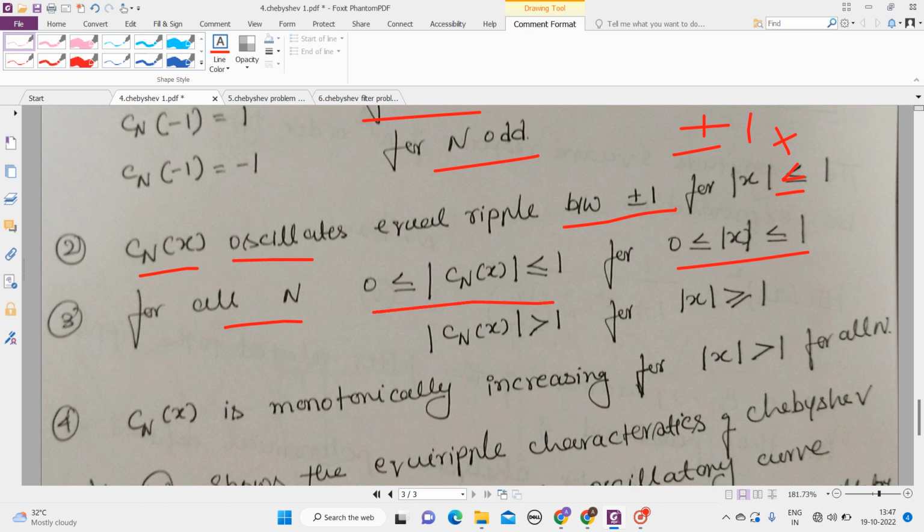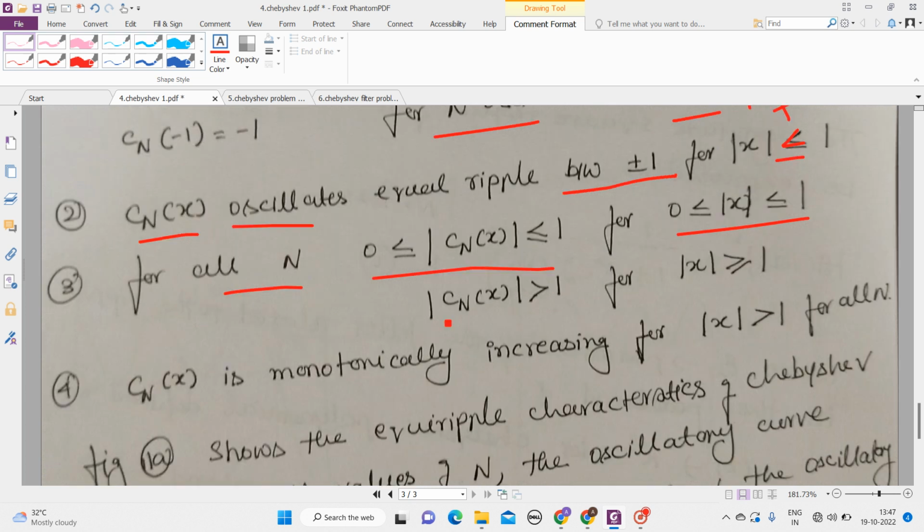If x is greater than or equal to 1, then the value of Cn of x is greater than 1. The ripples between 0 and 1 mean the Cn of x value also lies between 0 and 1. If the x value is more than 1, like 1.5, 2, 3, then the value of Cn of x is also greater than 1.